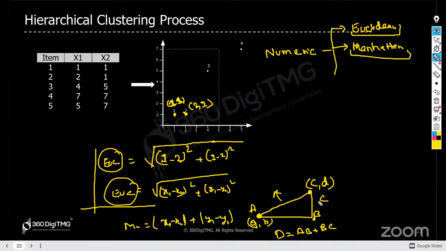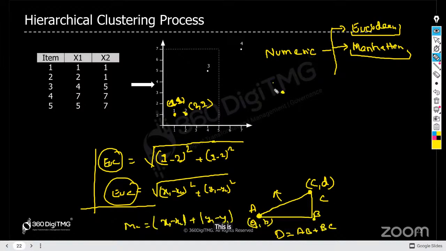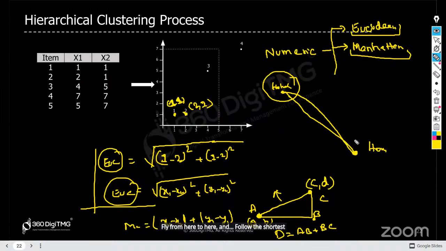Because sometimes we can't directly jump from A to C. For example, let's suppose you order some food from Zomato, and this is your hotel, from where you have ordered, and this is your home. The Zomato guy will not directly fly from here to here and follow the shortest path. He will follow the road path. Let's suppose the road is like this.